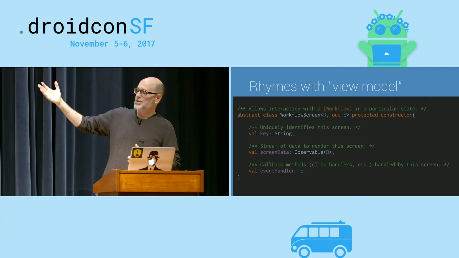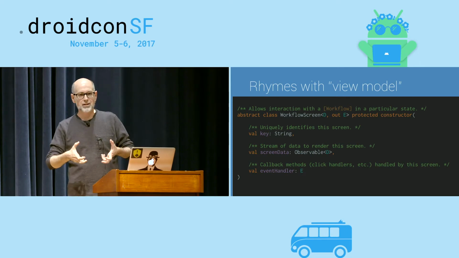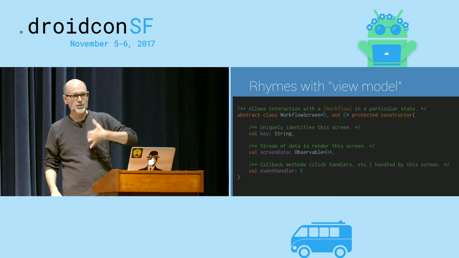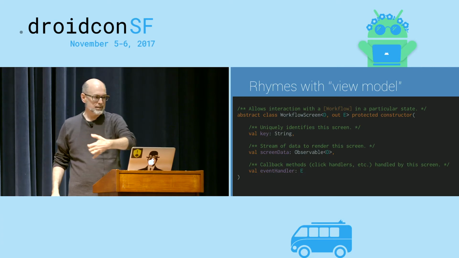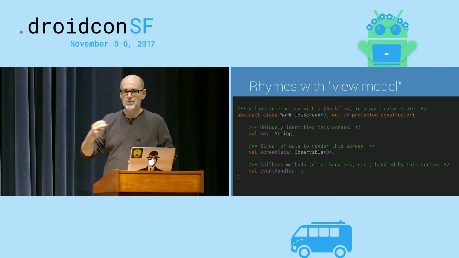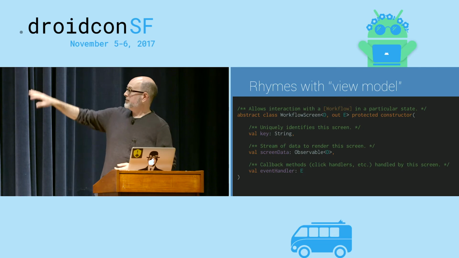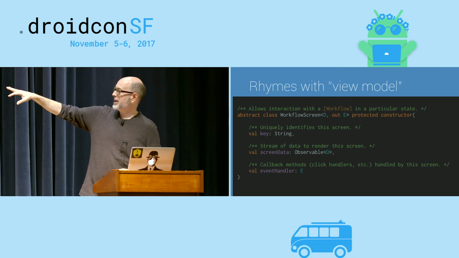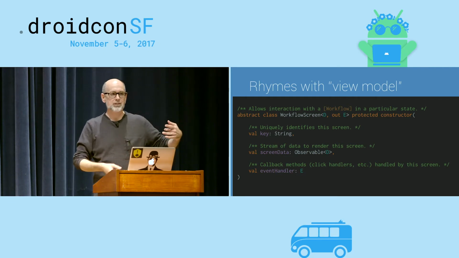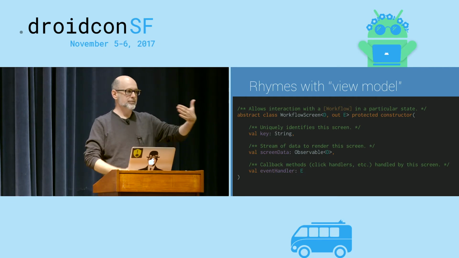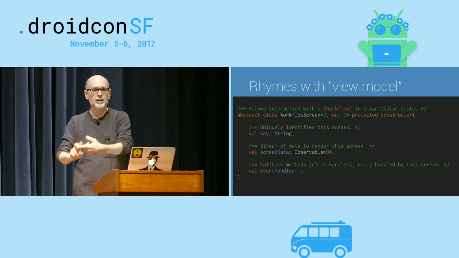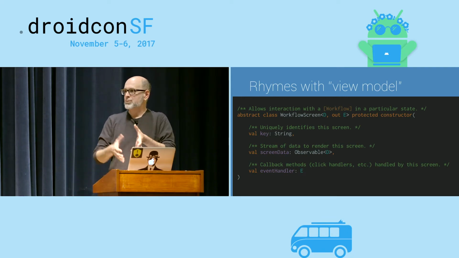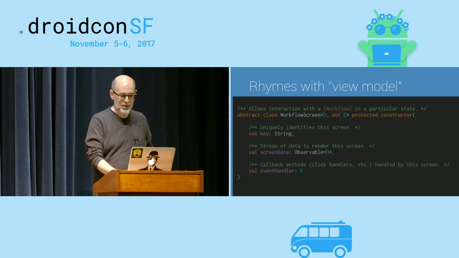Screen data is an immutable object again that provides all of the information necessary to render this particular piece of your UI, and then updates as things need to change in front of your user. And then finally, the workflow triple exposes an event handler of some type, an interface that defines all of the events that we can expect to handle, all the button clicks, all of the text entry, that kind of thing. The full contract for this particular screen of your app.